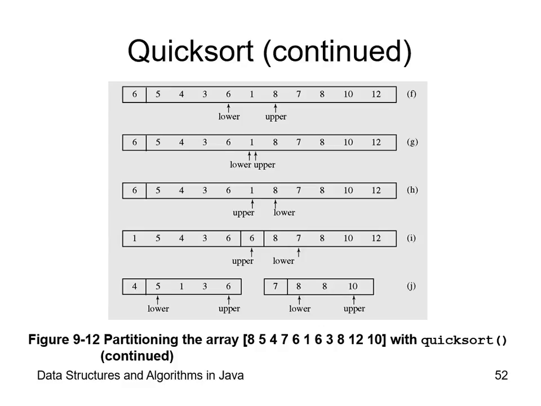But if you do a million times log of a million, what is log of a million? 20. It's 20 times a million. So with quick sort, you're going to run only a million times log of a million. Log of a million is about 20.